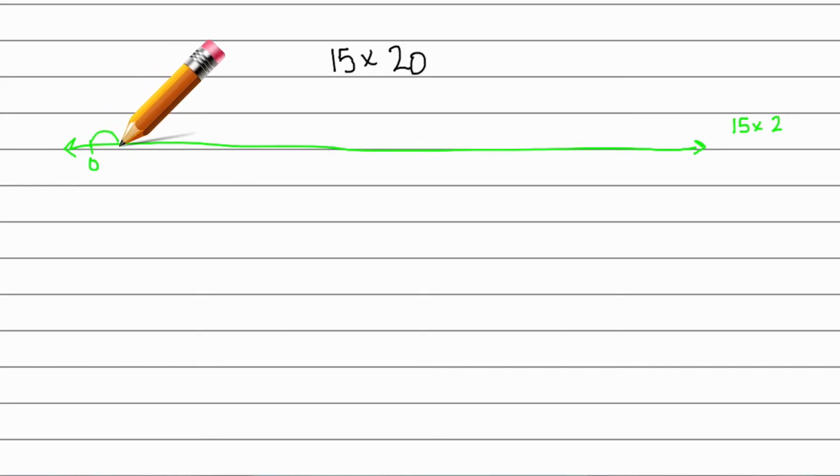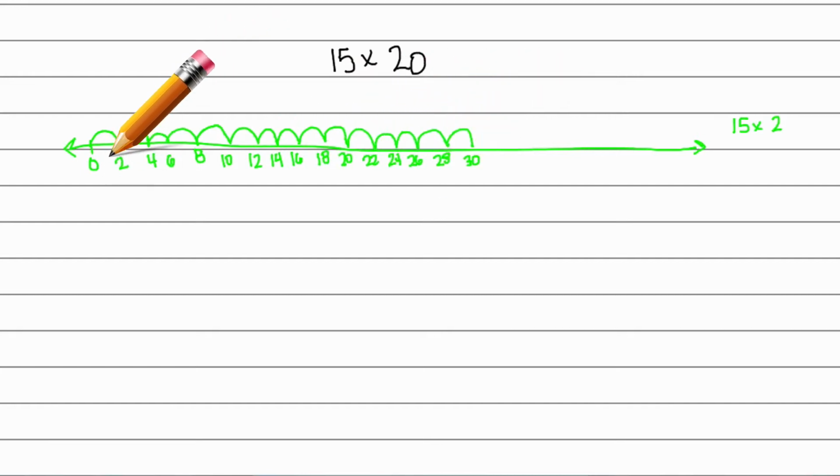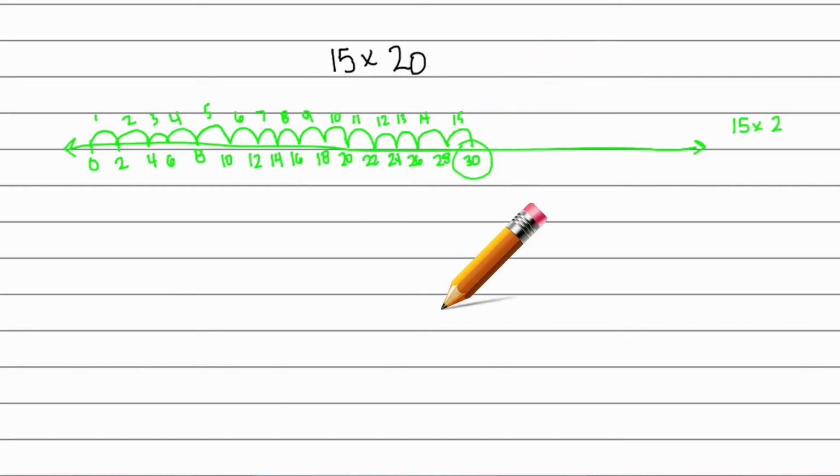So I would end up with 2, 4, 6, 8. You get the idea here. So I skip counted by 2's, and I did that 15 times, 1, 2, 3, 4, 5, up to 15 times, and that got me to the answer of 30.